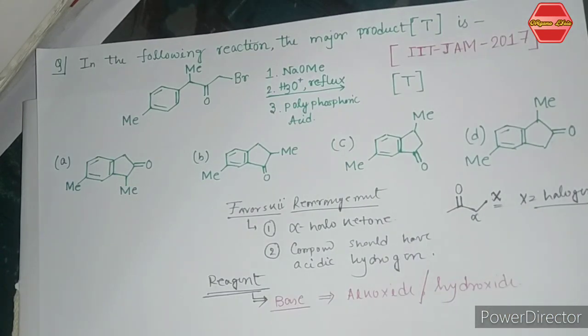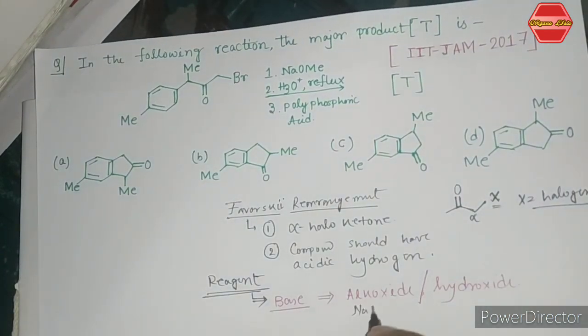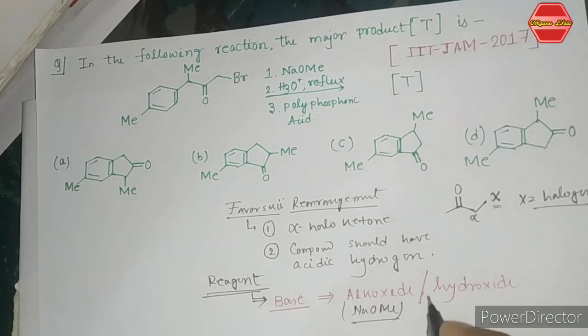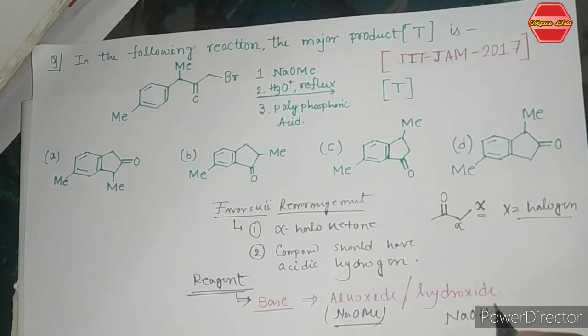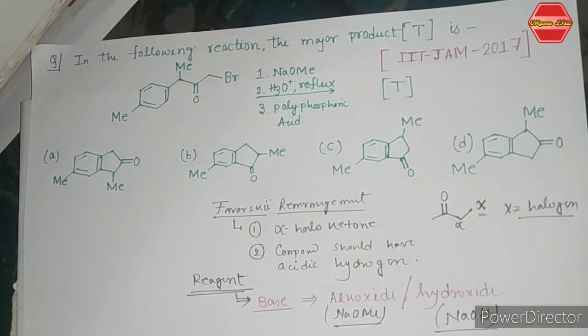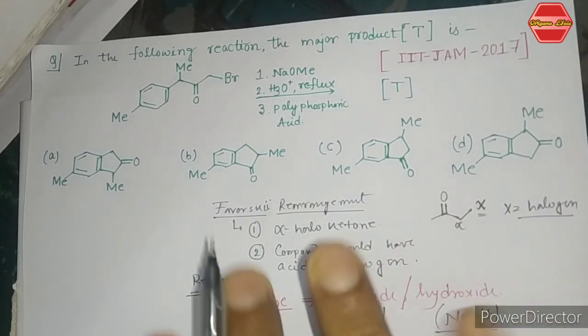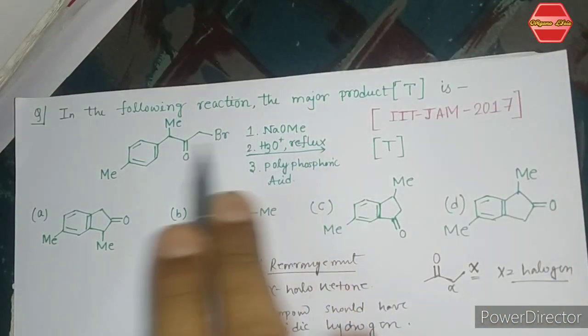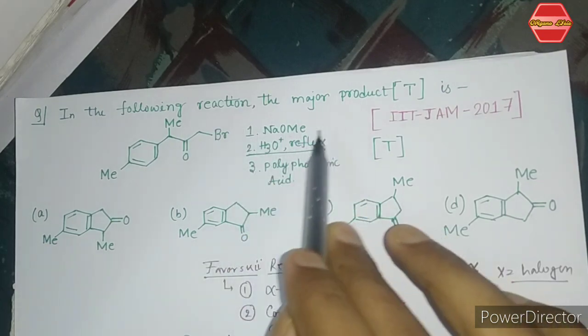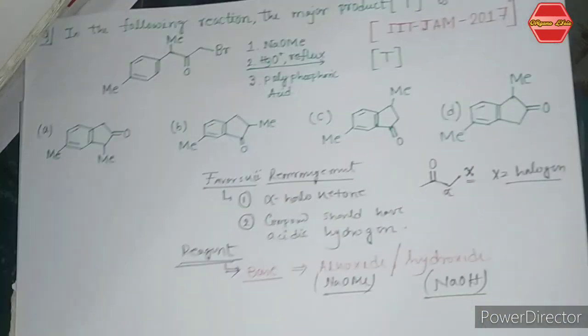What is an alkoxide? Alkoxide means this one, sodium methoxide, and a hydroxide like NaOH. Now see the given question: the reagent is sodium methoxide, which is a type of alkoxide.